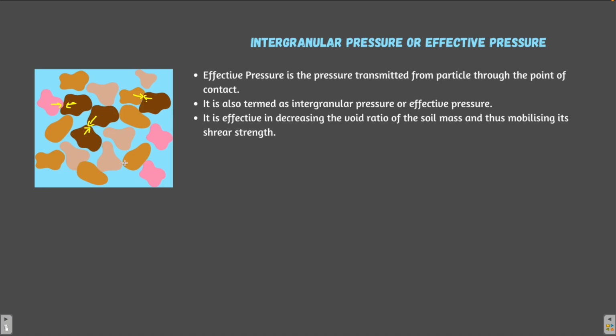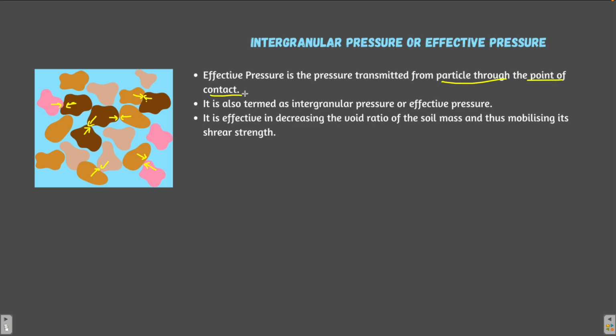Whenever the soil is in contact, there will be a transmission of the pressure at that particular point. This sort of pressure which the soil particles transmit to each other whenever in contact is known as effective pressure. Effective pressure is the pressure transmitted from the particle through the point of contact. That is the definition of effective pressure.